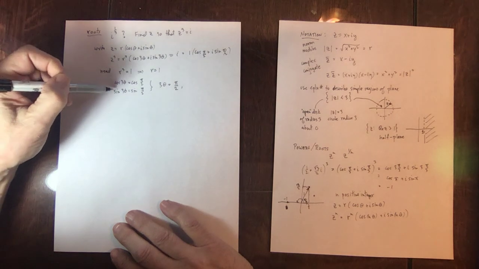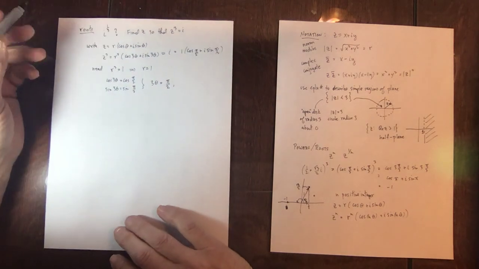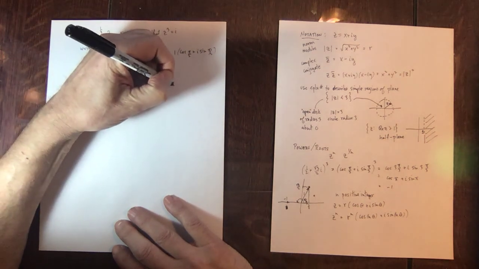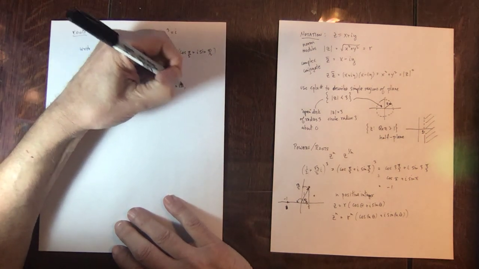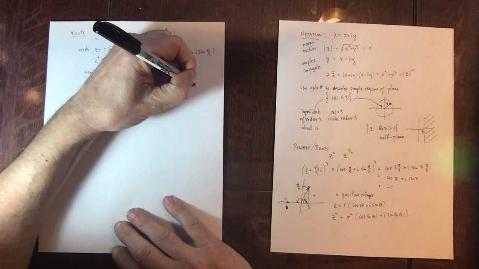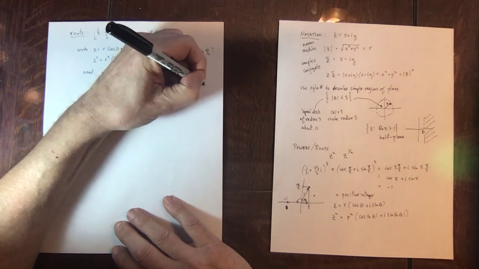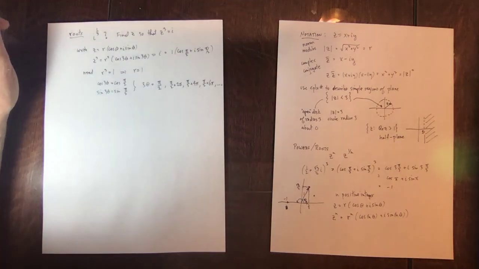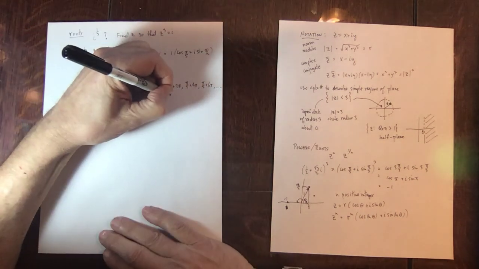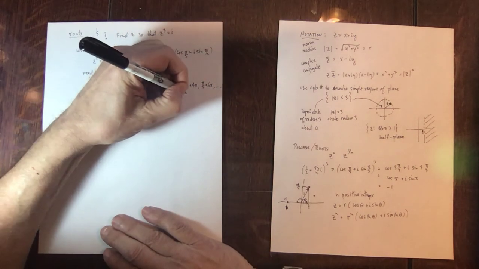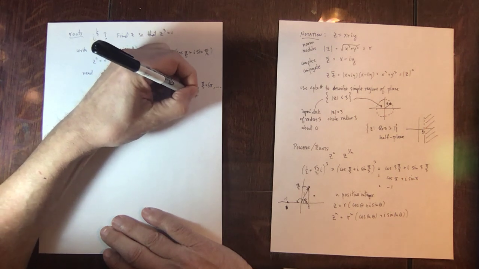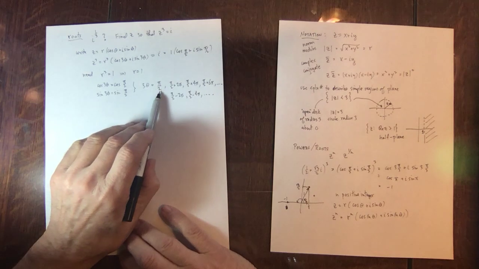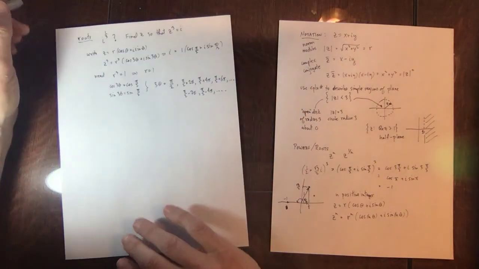Because we know that sine and cosine are periodic with period 2 pi, so it could be that 3 theta is not pi over 2, but it could be pi over 2 plus 2 pi, or pi over 2 plus 4 pi, or pi over 2 plus 6 pi, etc. Or it could be pi over 2 minus 2 pi, pi over 2 minus 4 pi, etc. So it's basically pi over 2 up to multiples of 2 pi.